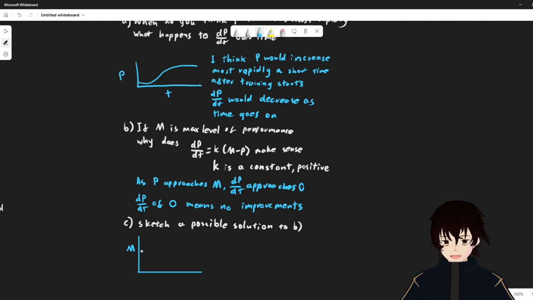And this is our line M. This is our performance start. It will look like this. It starts ascending pretty quickly, but then it's slower and slower and never approaches M. That's basically how it looks. Here is time. Up here is performance. And that will be it.